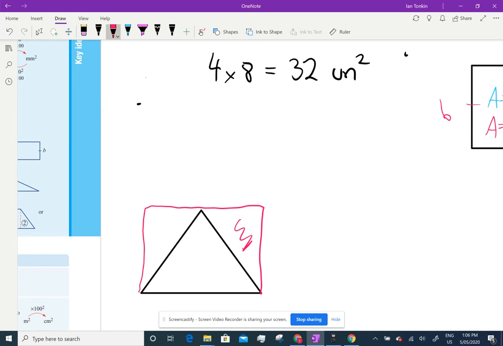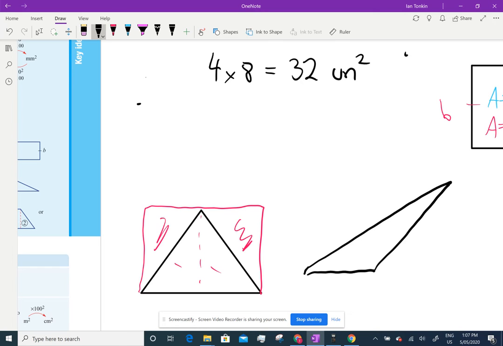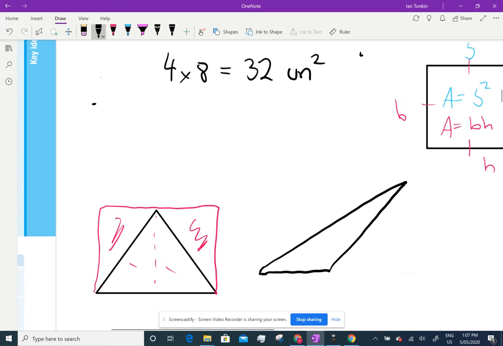So this bit and this bit add up to these two bits. So a triangle is half a rectangle. I don't like that because if you get a triangle that's like this, it's hard to make that into a rectangle. All right? I'm going to show you another way.